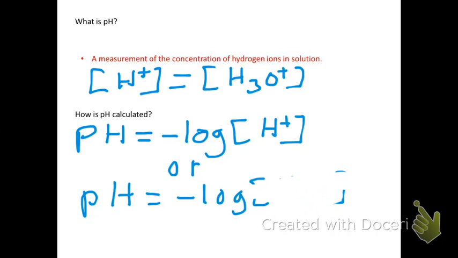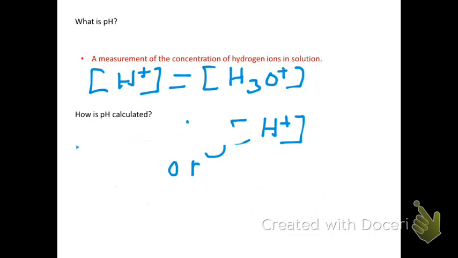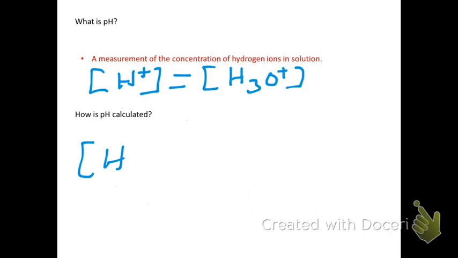Now we can also take the pH and take the inverse log base 10 to find the H plus concentration. To do that, H plus is equal to the inverse log of the negative pH, whatever the pH is.